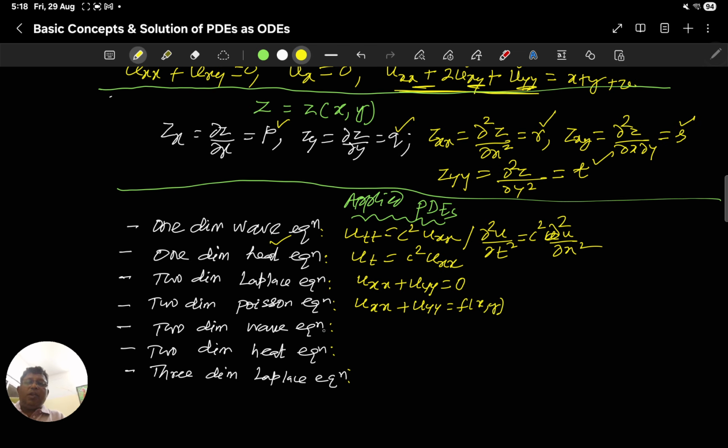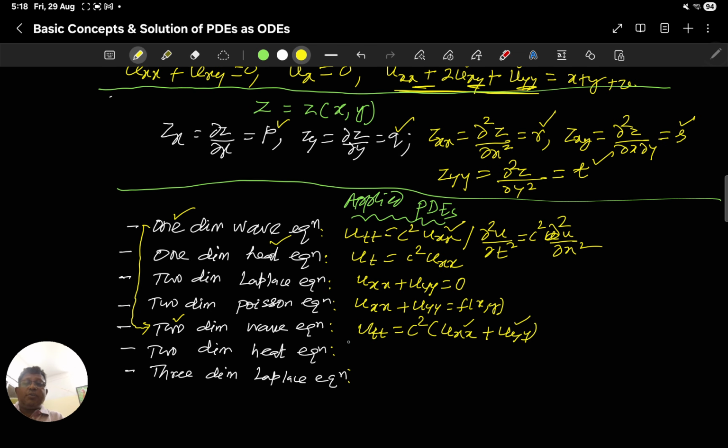Then the two-dimensional wave equation will be, just you see, utt is c square times uxx plus uyy. You see the difference, it was c square uxx, now it is c square times uxx plus uyy.